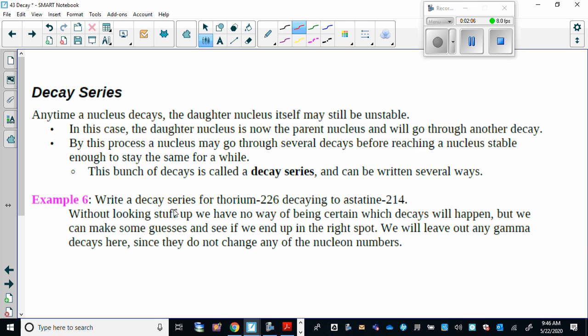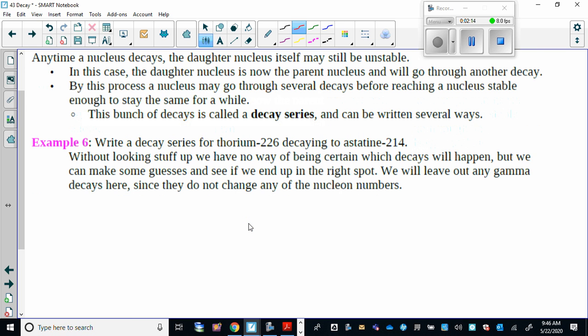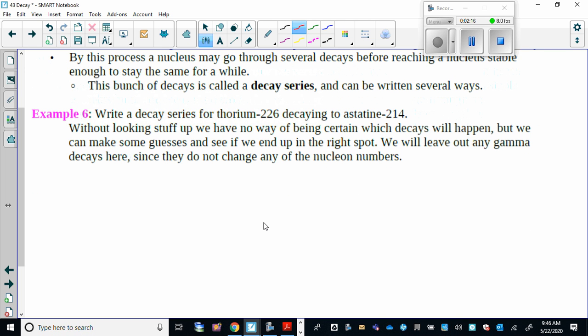Write a decay series for thorium-226 decaying to astatine-214. Without looking stuff up, we have no way of being certain which decays will happen, but we can make guesses and see if we end up in the right spot. We will leave out gamma decays here since they do not change the number of nucleons.